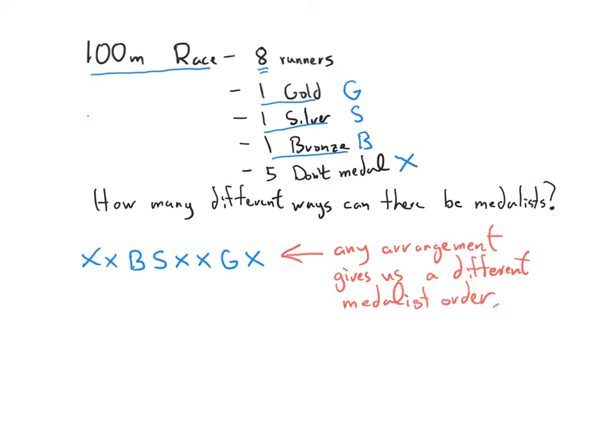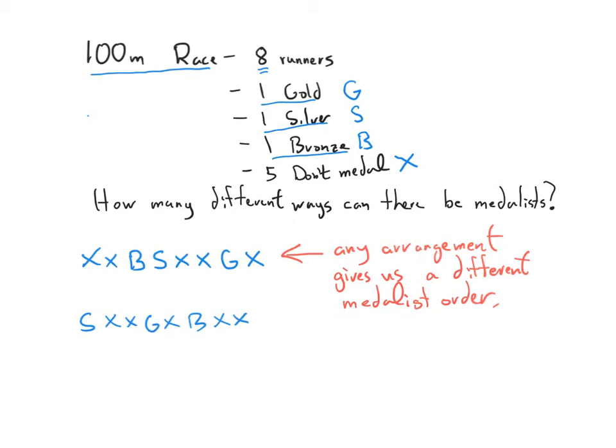This one again, the 7th runner wins gold, the 4th runner wins silver, the 3rd runner wins bronze. Another one, let me do one more. Something like, let's do S, X, X, G, X, B, X, X.